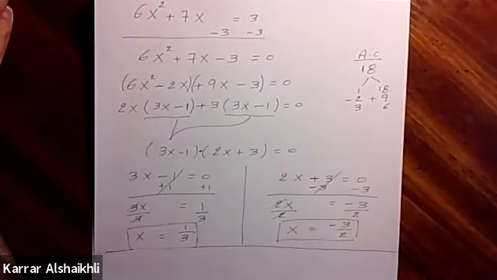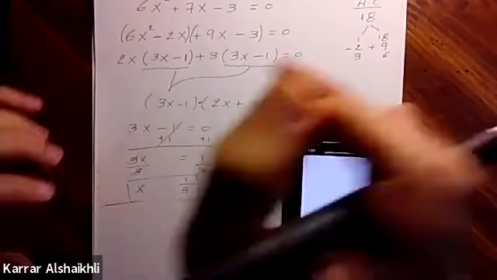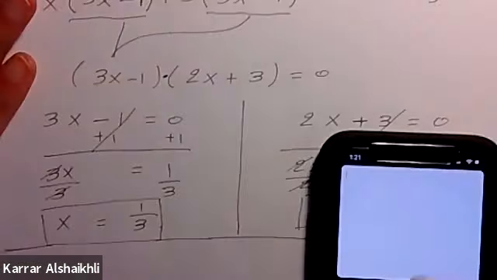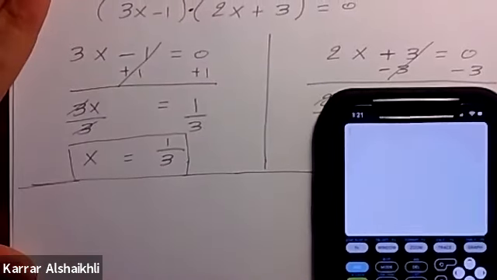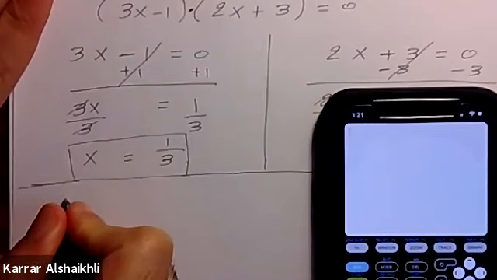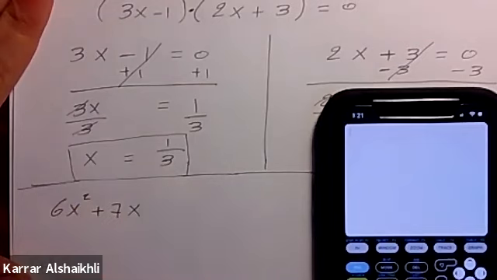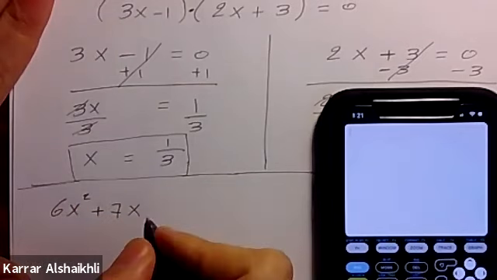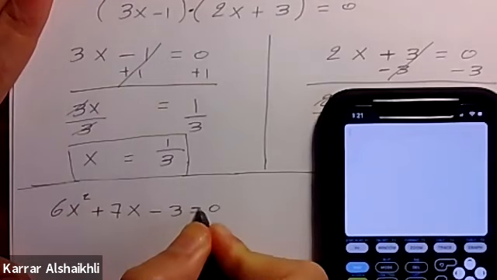We need also to check these two solutions. When x equals 1/3, let's minimize this one, maximize this one. So I'm going to plug in. Here's the main equation: 6x squared plus 7x minus 3 is going to be equal to 0.